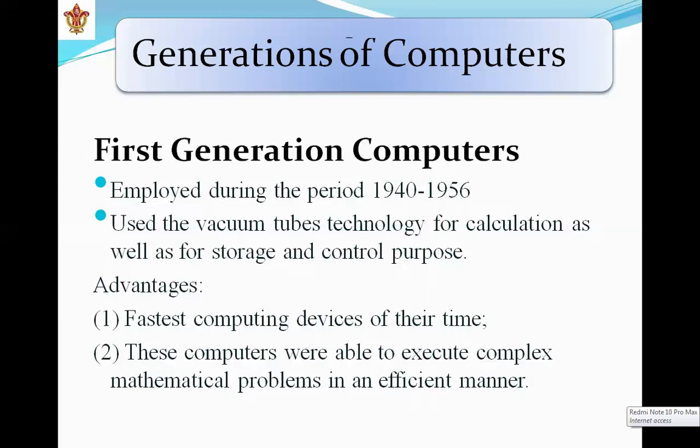However, the output was displayed on printouts. Advantages: they were the fastest computing devices of their time. Second advantage: these computers were able to execute complex mathematical problems in an efficient manner.